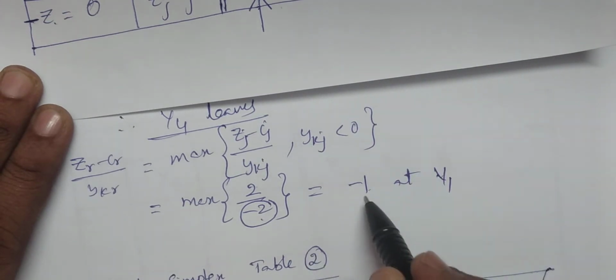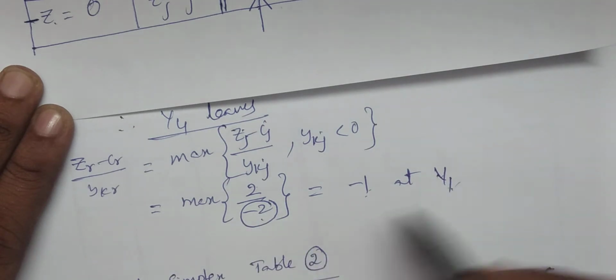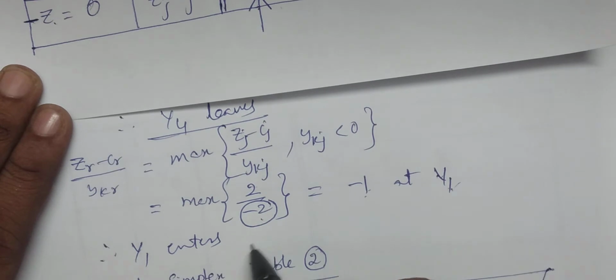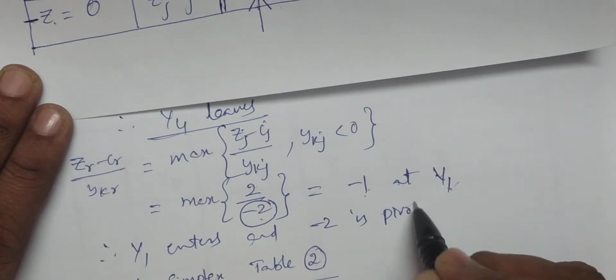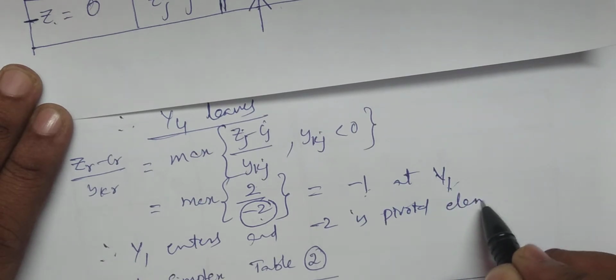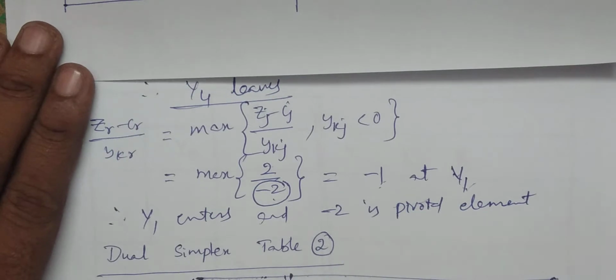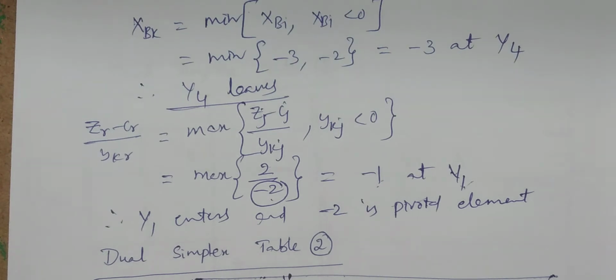Therefore -1 is obtained at y1, that is, this ratio is obtained at y1. Therefore y1 enters, and -2 is the pivotal element. The remaining procedure is as usual in the simplex procedure, that is, convert the pivotal element to unity and all other elements to zeros.